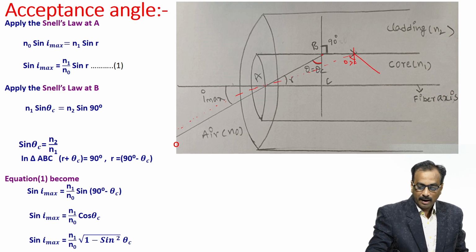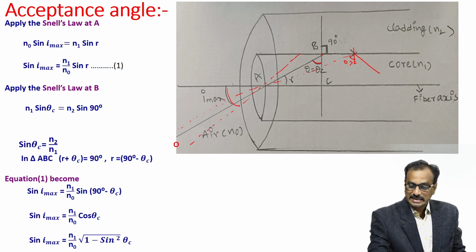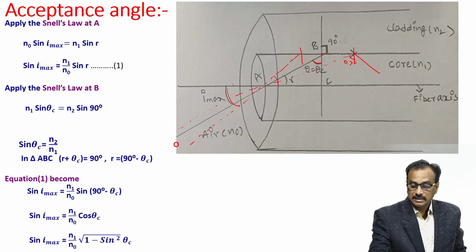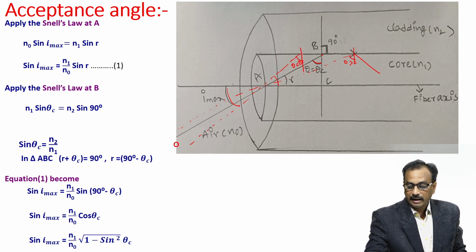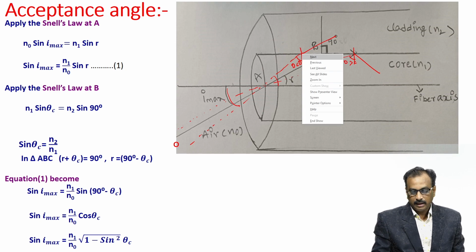If light is launched beyond i maximum, the angle of refraction also increases, and the angle at the core-clad interface becomes less than the critical angle, so the light ray can escape from the core material.